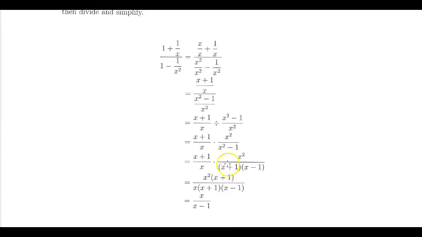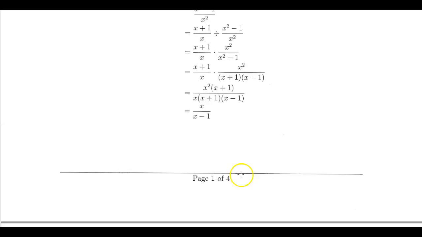So we have x squared times x plus 1 over x times x plus 1 times x minus 1. The x plus 1's cancel, and x squared divided by x is x. So we'll have a factor of x left in the numerator over x minus 1 in the denominator, and that will be the simplified version of this fraction.